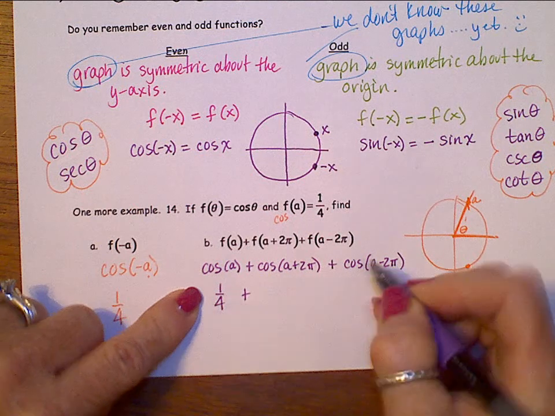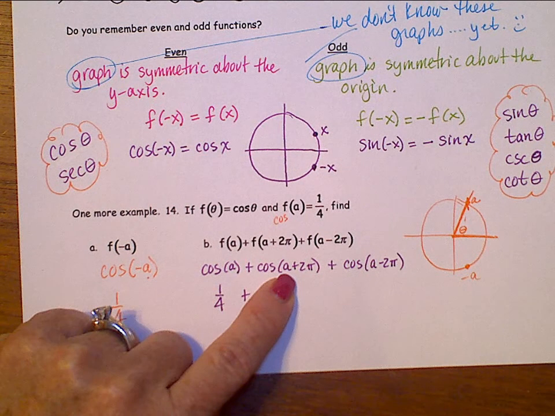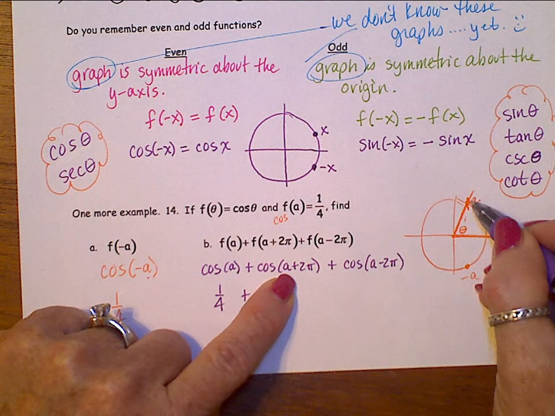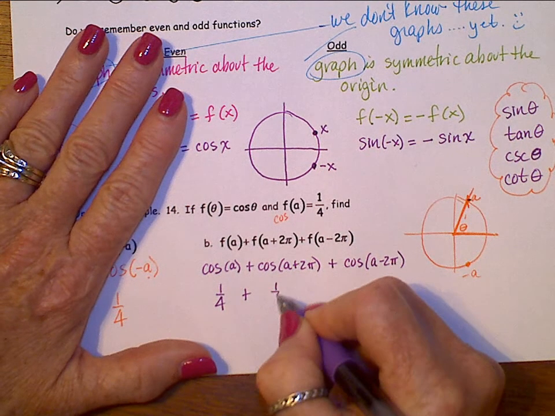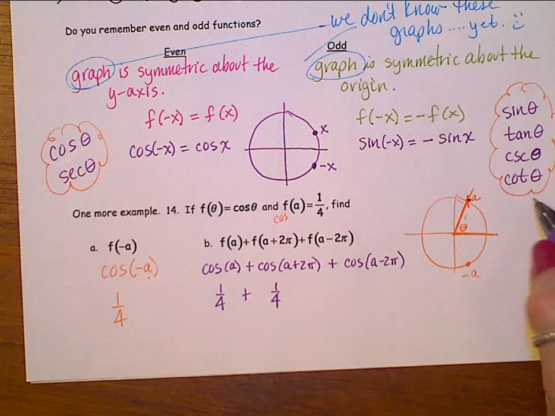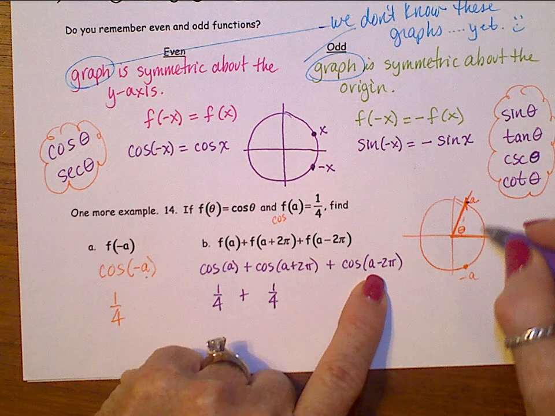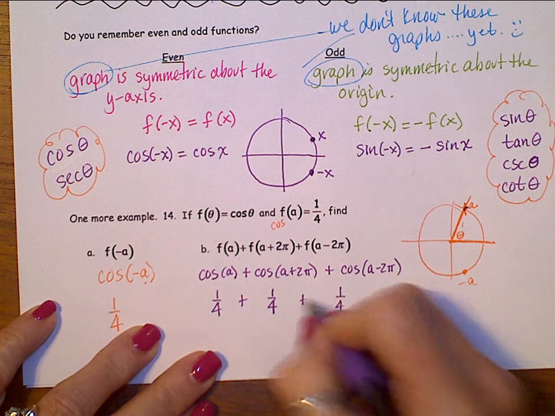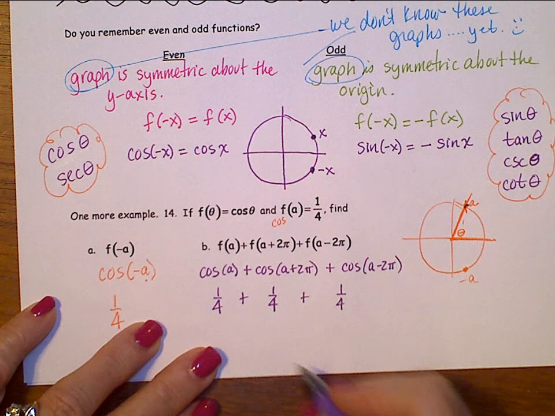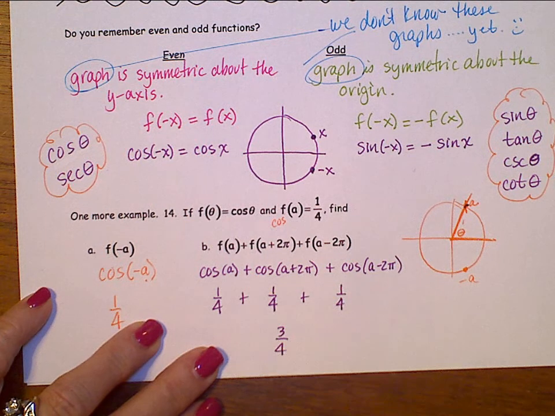Plus, where is A plus 2 pi? A plus 2 pi is right back here, and that cosine value is 1/4. And the last one, cosine of A minus 2 pi, back around same spot, so that is also 1/4. And when we add these together, we get 3/4.